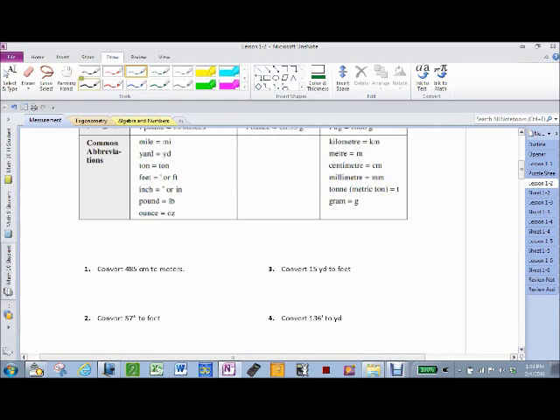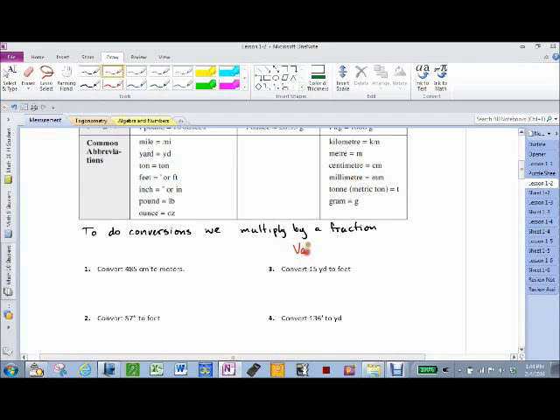All right. To do a conversion, we multiply by a fraction. Now, there's more than one way to do this, and if you have your own way to do it, you're welcome to keep using it. Don't feel you have to do this my way. But here's how you do it.